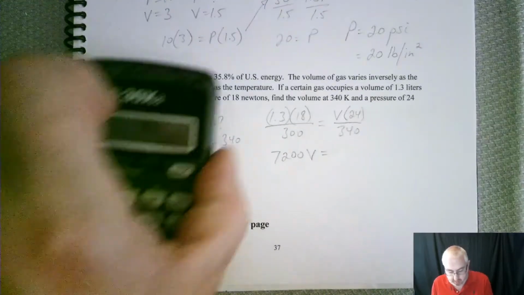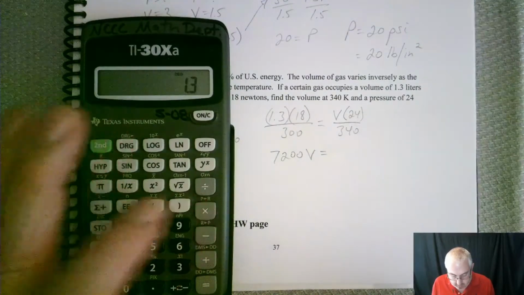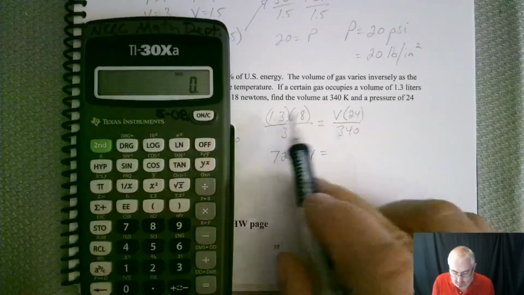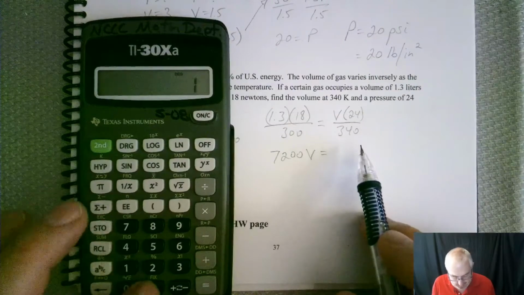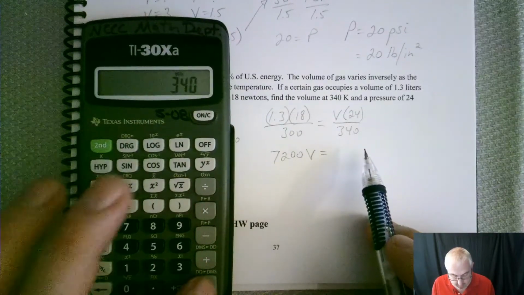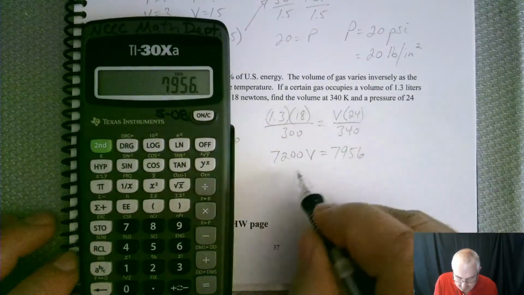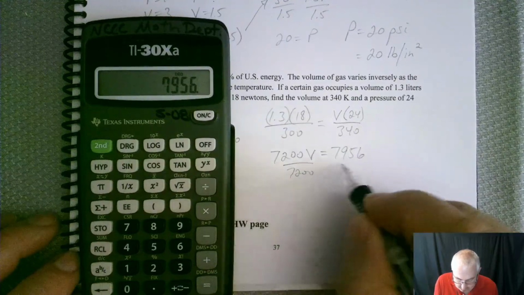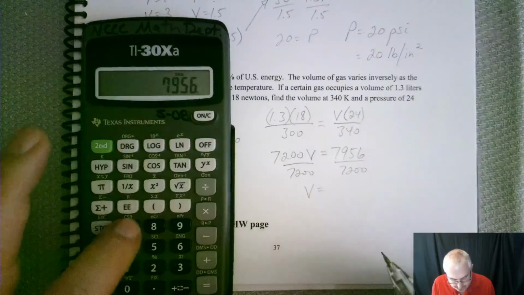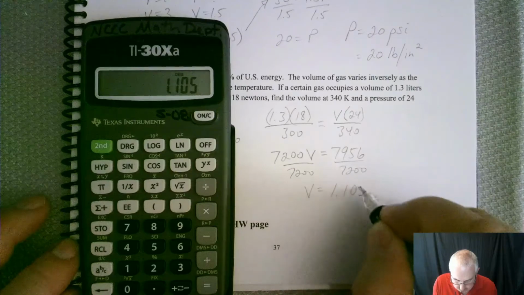So I'm going to use a calculator just to be safe. 1.3 times 18, not divided by, all three are multiplied together. 1.3 times 18 times 340 equals 79.56. So now if we divide by 7,200, we get 1.105.